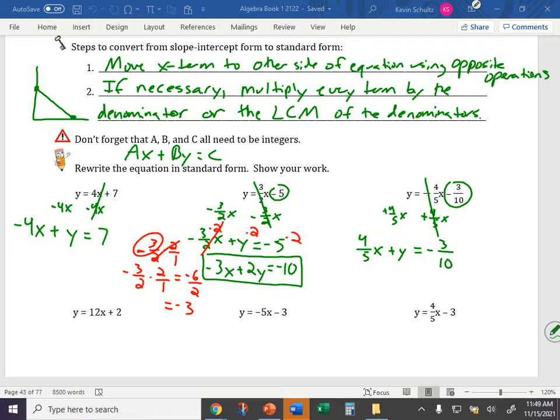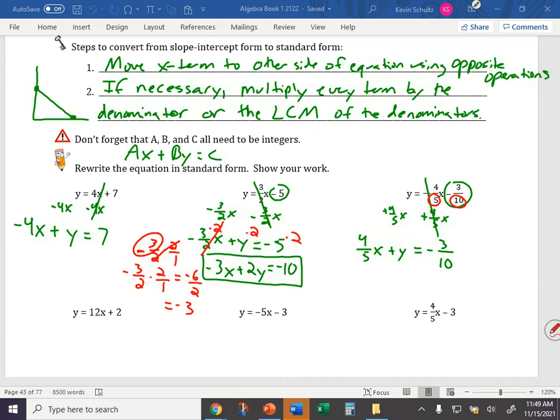Since we have 2 denominators here, we multiply by the least common multiple of 5 and 10. That's what we're looking at here, our 5 and our 10. What's the LCM of 5 and 10?